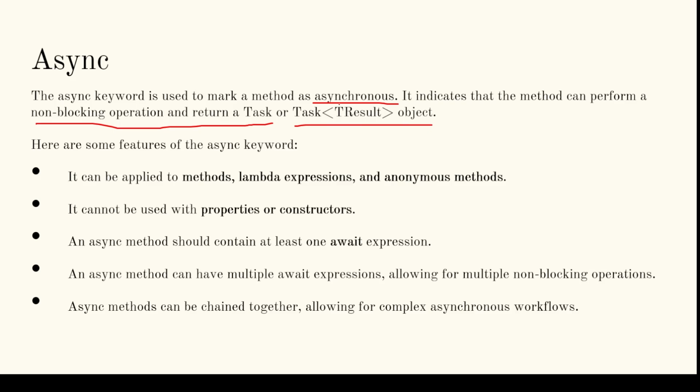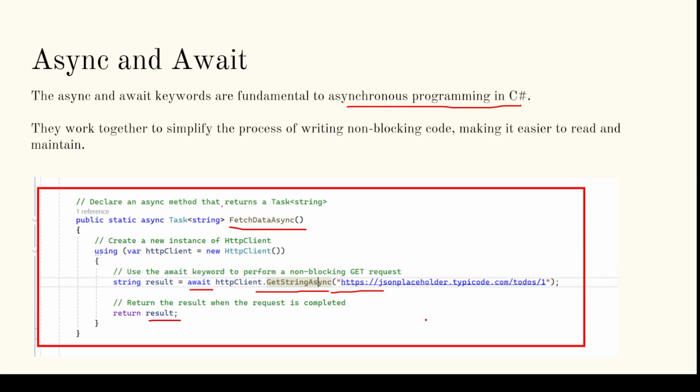Either we can return a Task, or we can return a generic type, meaning we can return a Task and within that specify the type which we want to return. If you remember, in this method we used string here because we wanted to return a string that we have received from this particular URL.